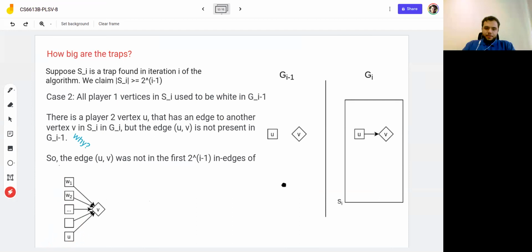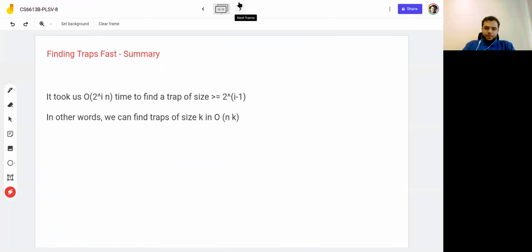Okay. So overall, what did we prove? We proved that if we find a trap in step i, then the amount of time that it takes us is order 2 to the power of i times n, and the size of the trap is at least 2 to the power of i minus 1.